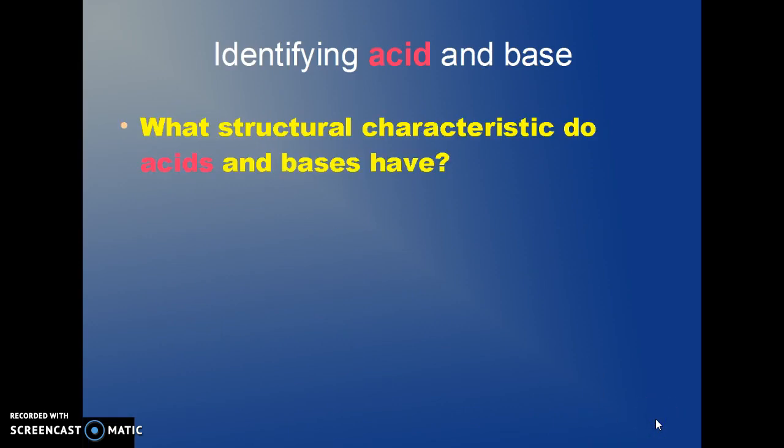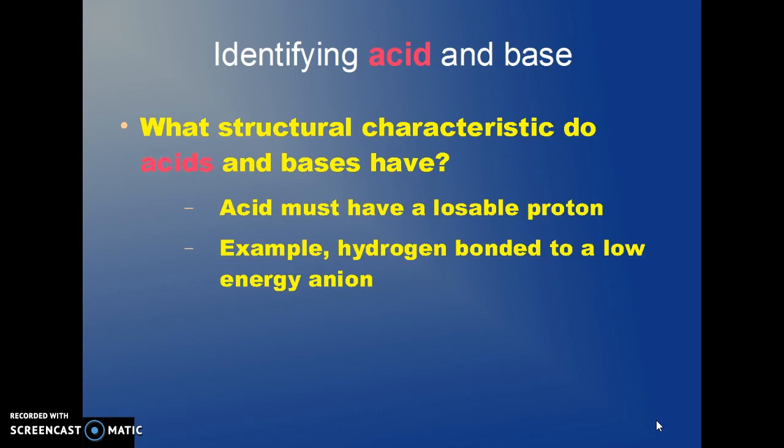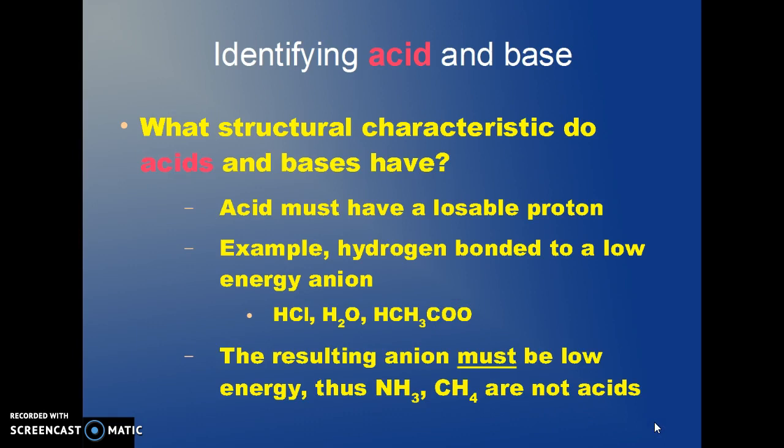What structural characteristic do acids have? Well, they have to have a proton that you can lose. For instance, hydrogen ions bonded to a low energy anion, like hydrogen chloride, hydrogen hydroxide, and this acetic acid here. The resulting anion must be low energy, must be able to hang on its own.